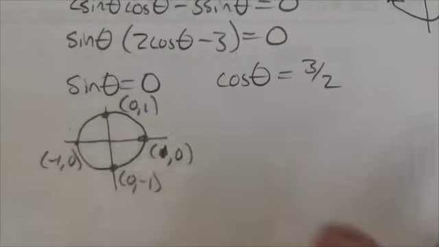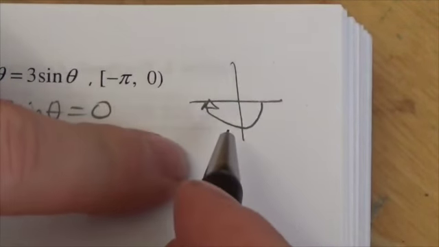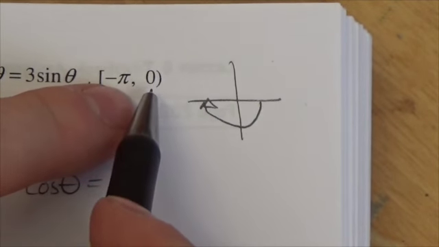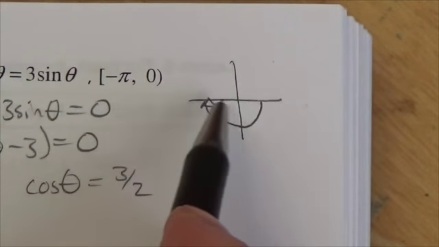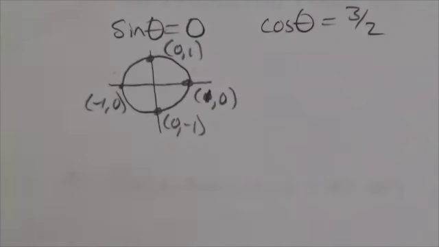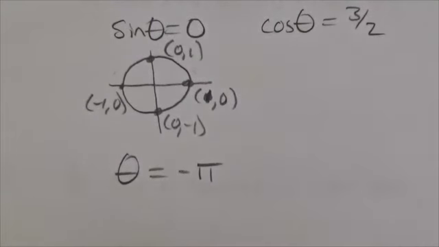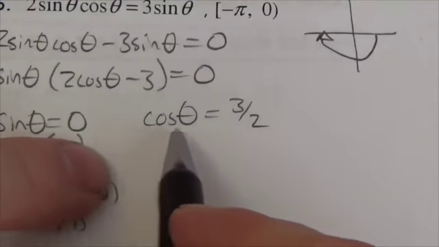Now, that means in considering our domain here, I would normally include 0, but my domain doesn't include 0, so I can't. So the only thing that I can do here is include that negative pi. So my answer here right now is that theta is equal to negative pi. Okay? Now, I come up to my second factor here. Cosine is positive.